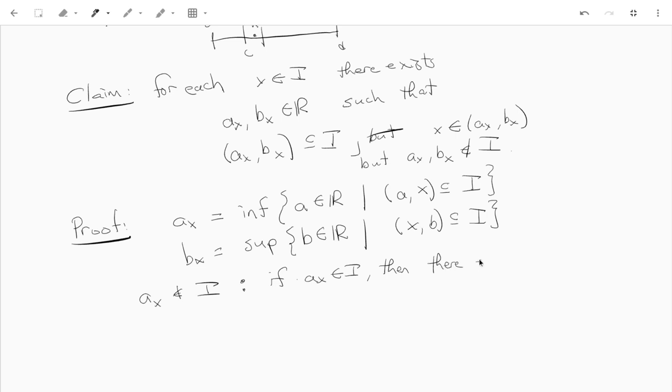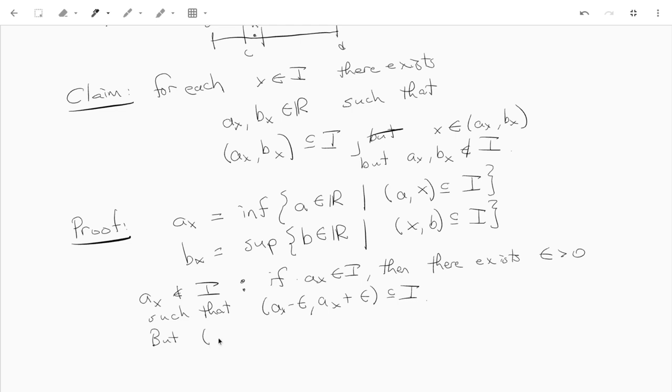So there exists epsilon greater than 0 such that the interval (a_x minus epsilon, a_x plus epsilon) is contained in I. And now take this interval. First of all, a_x plus epsilon is one of these elements here. So let's think about what we should do.